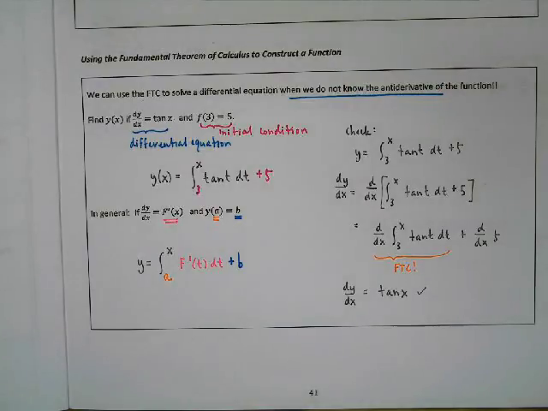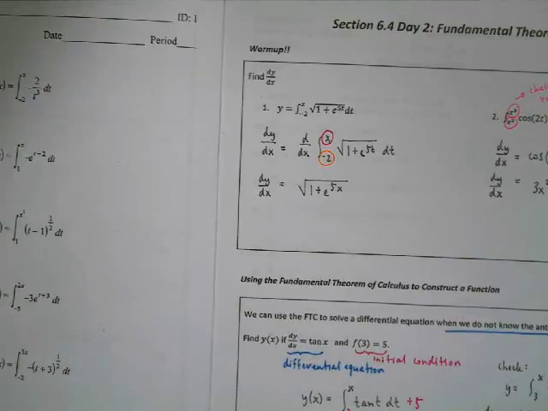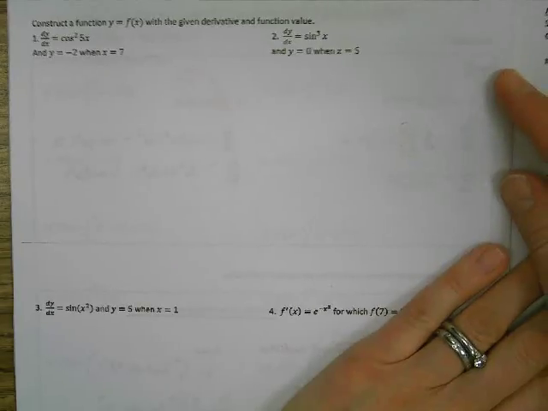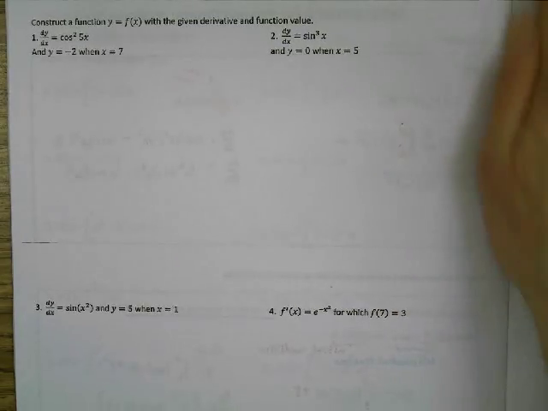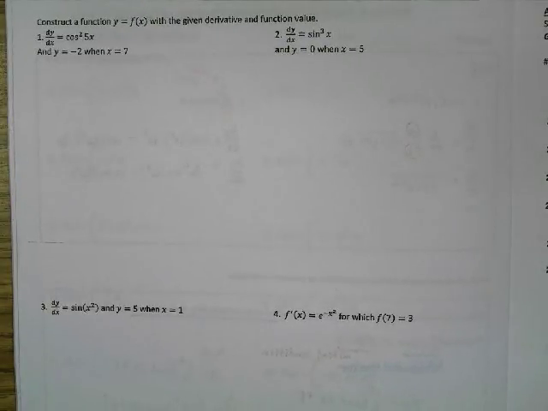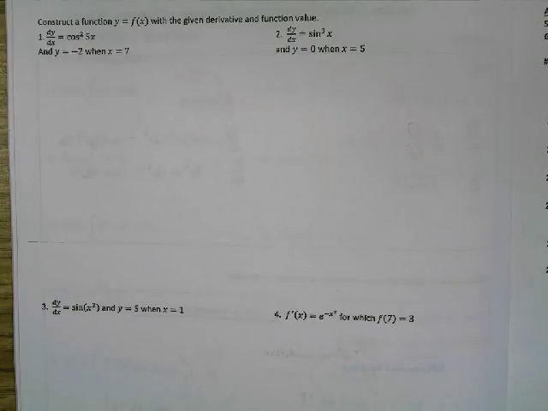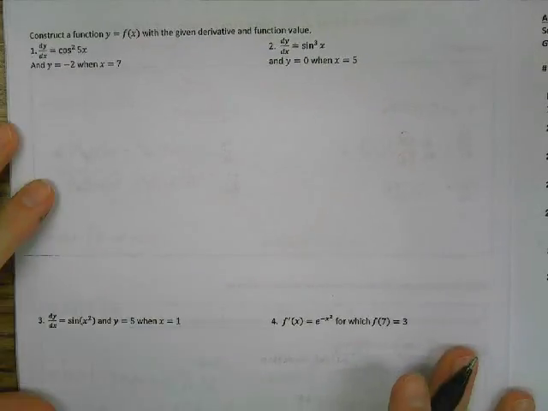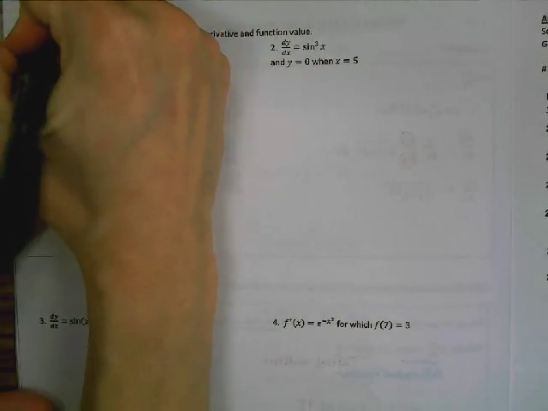So let's go ahead and look at some examples. And again, the purpose here is just doing this when we don't know the antiderivative of a function. If we knew the antiderivative, then we could just solve this like a regular differential equation. All right, so here we go. We're going to construct a function y equals f of x with the given derivative and function value. Sometimes you might see the directions a little differently.